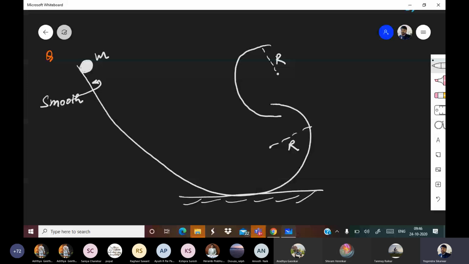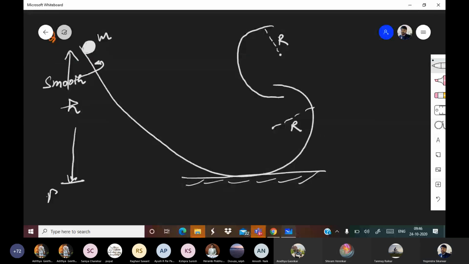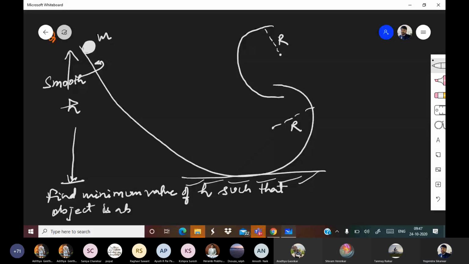The question says find the minimum value of h such that the object is able to complete the upper vertical circle.